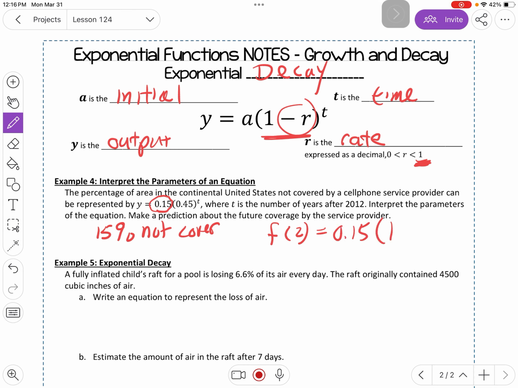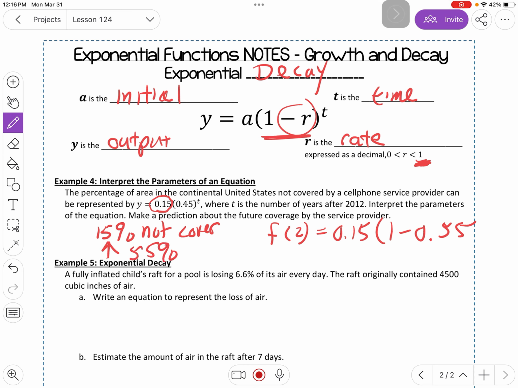And then it would be 1 minus 55. Okay? And see if you can understand what I'm saying here. 0.55. So the rate that coverage is increasing is by 55%.